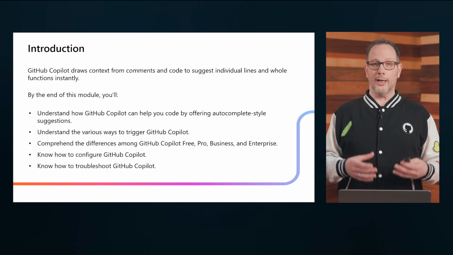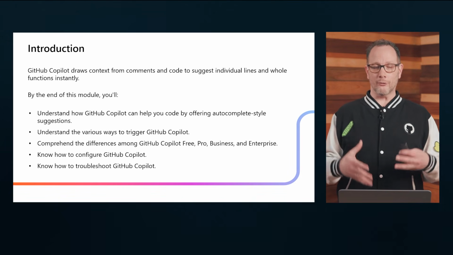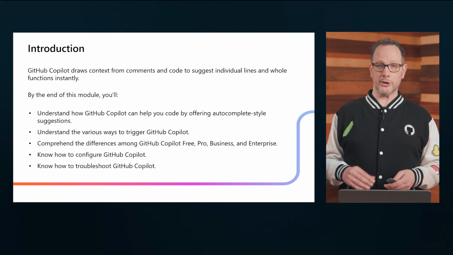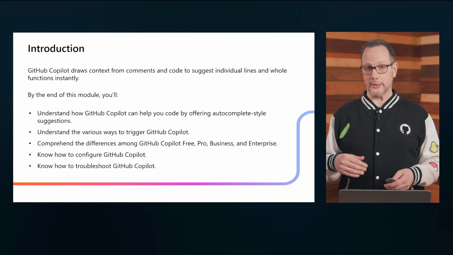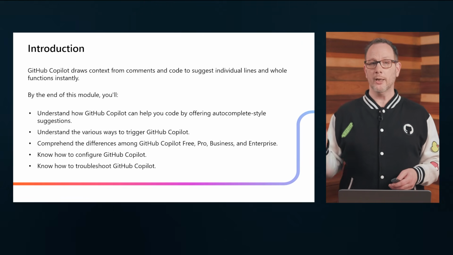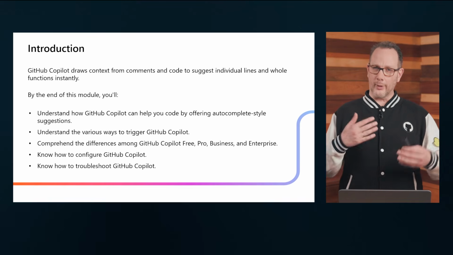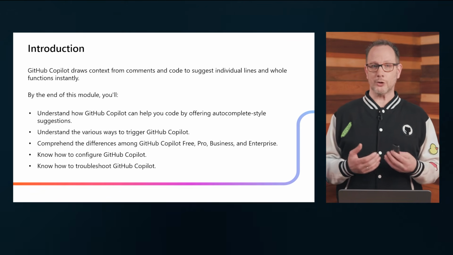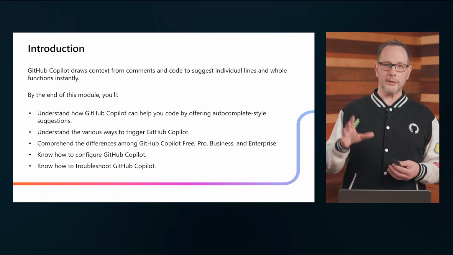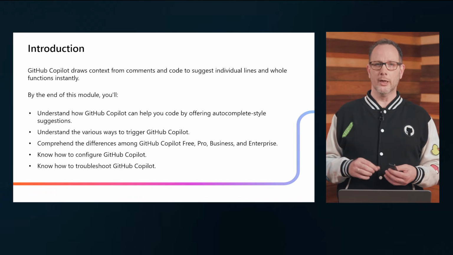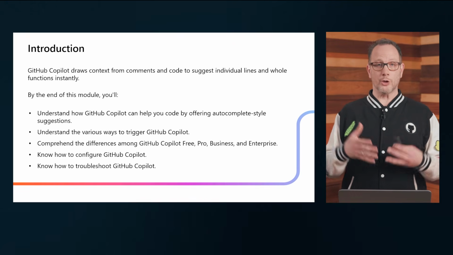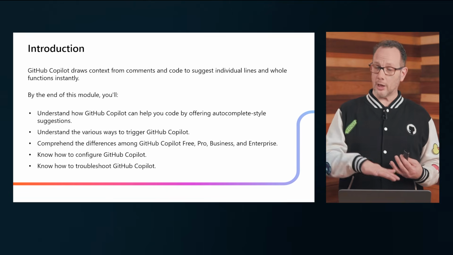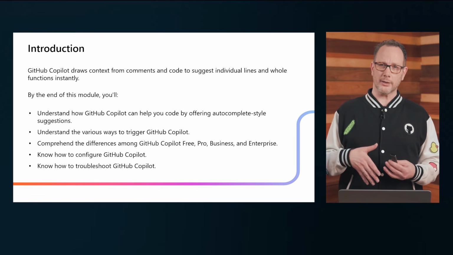As you know by now, I always start with an overview of what the module covers. In this one, I want to set the foundation for how GitHub Copilot suggestions actually work behind the scenes. When you write code, or even when you simply describe what you're trying to achieve, Copilot analyzes your context, the file you're in, the broader project structure, patterns in your repository, and even comments that outline your intent.